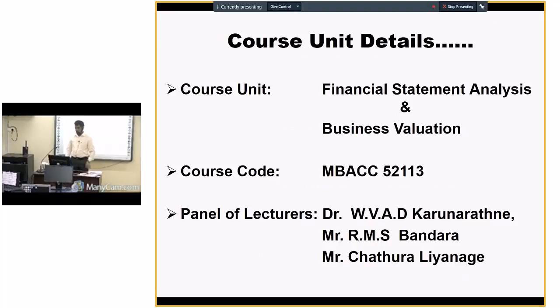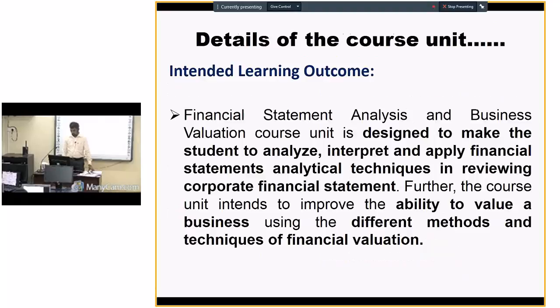We have three resource persons in the lecture panel: Mr. Saman Bandara, Chaturaliyanage, and myself. Now, these are the learning outcomes as per your syllabus. You can see this course outline and learning outcomes.